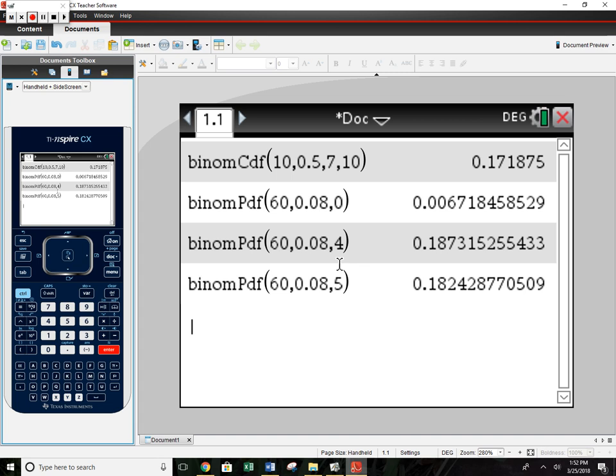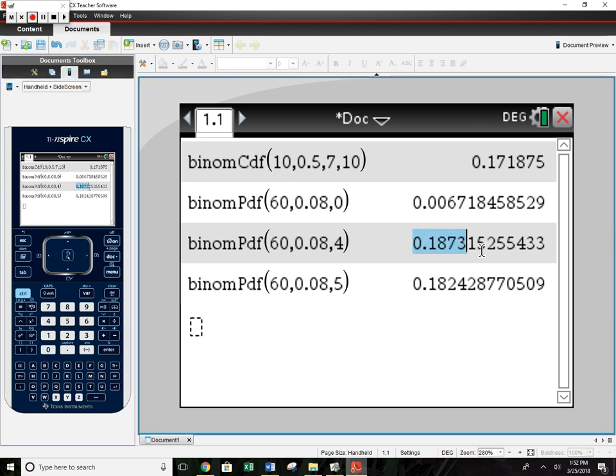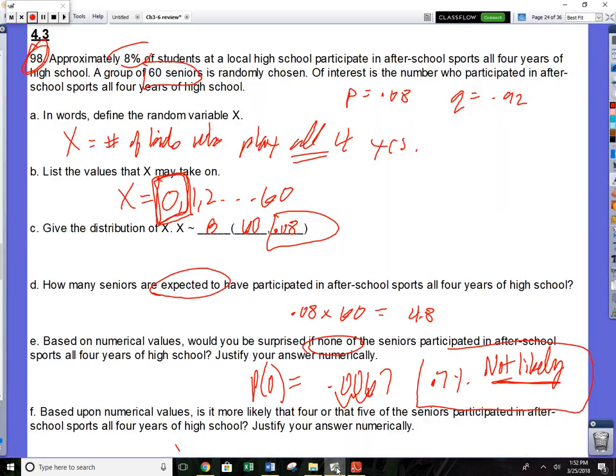Okay, so the chances of 4 kids are like 18.7, and the chances of 5 kids are 18.2. So it's more likely 4 kids are going to play all 4 years than 5. They're pretty close, but it's a little bit more likely, the odds are in our favor, more for 4 than 5 kids playing all 4 years.